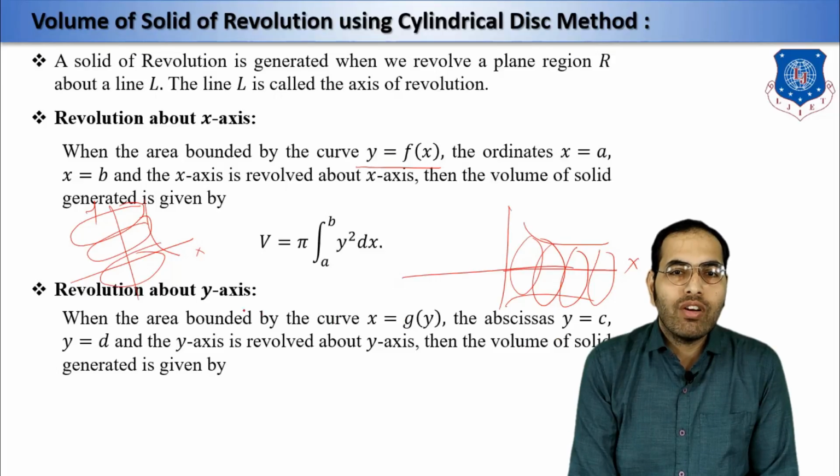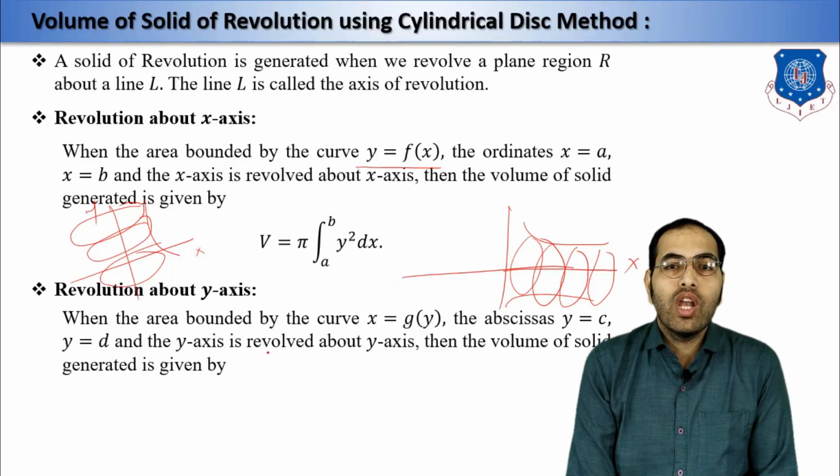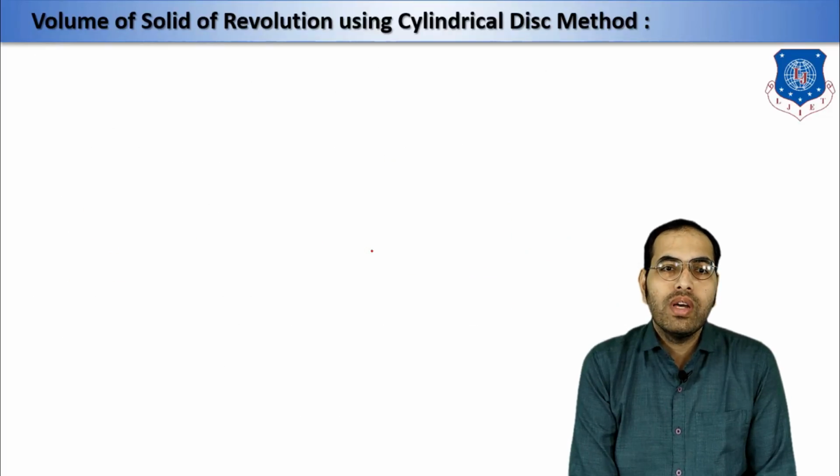Then, with y equal to c and y equal to d, the volume of the solid generated is capital V equal to pi integral c to d x square dy, where x is a function of y. Whenever we revolve about the x-axis, y is a function of x.